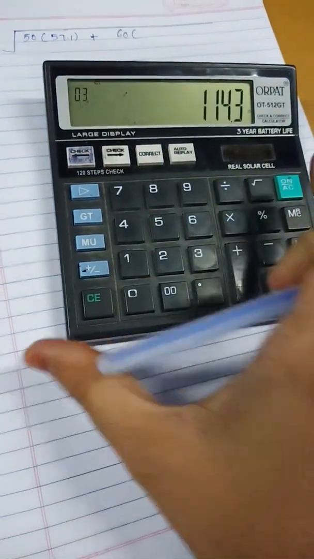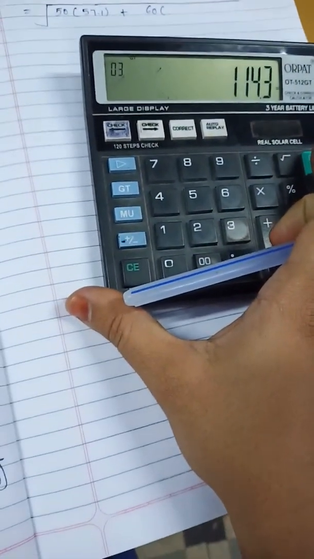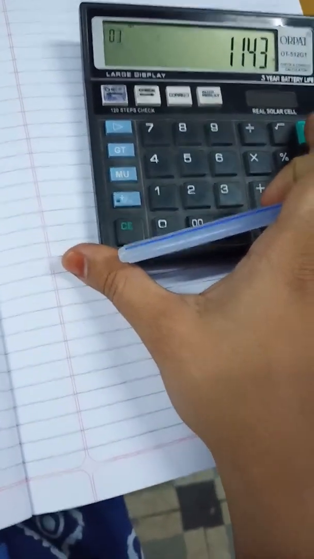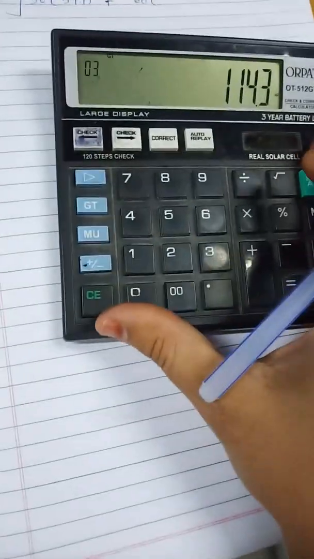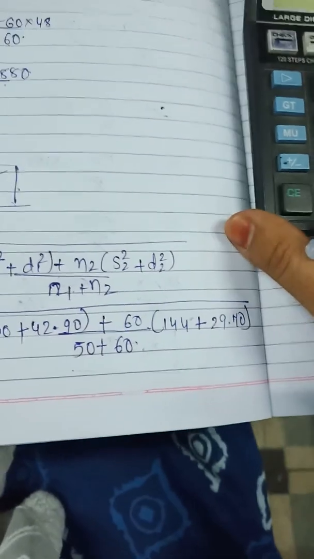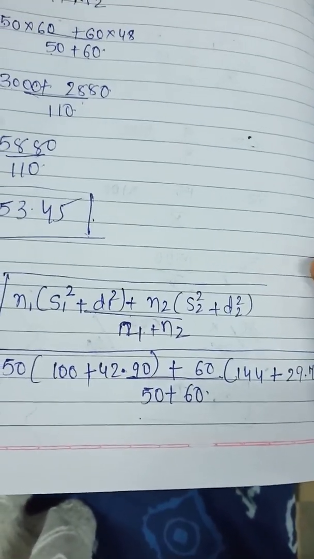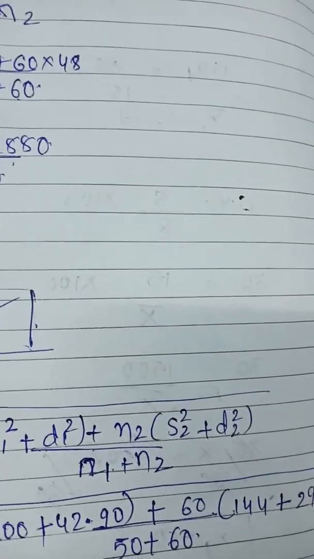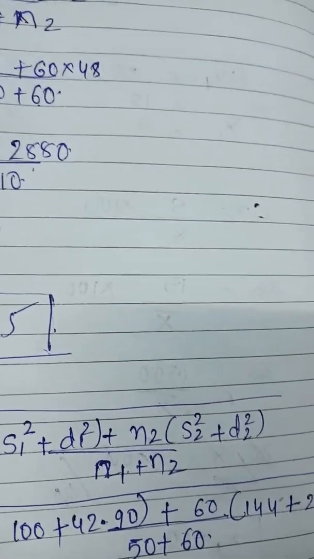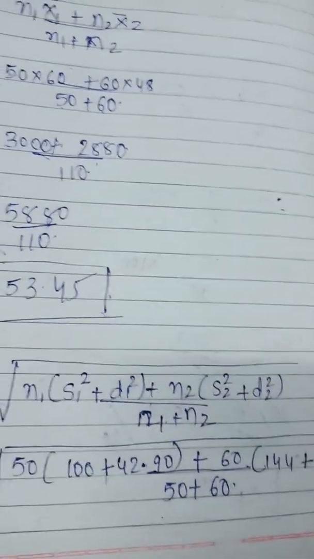Sorry, it is plus and I was writing minus: 100 plus 42.90, so that is 142.90. Sorry for this, I was subtracting it.